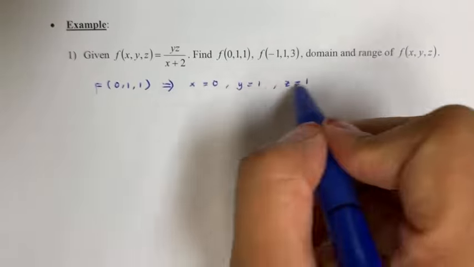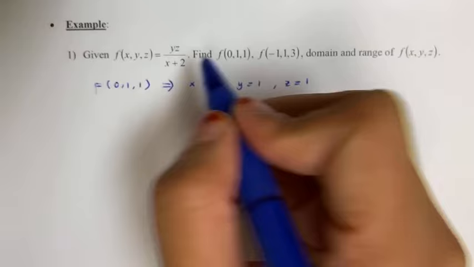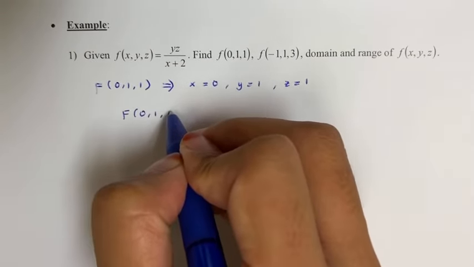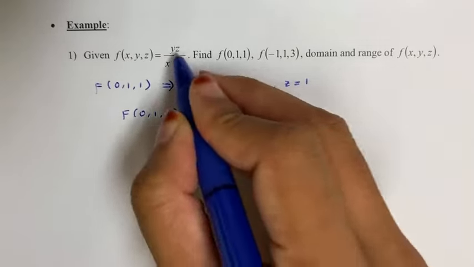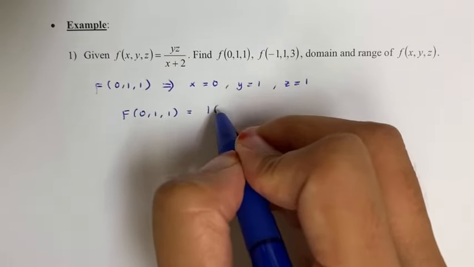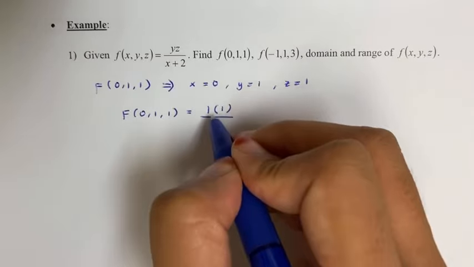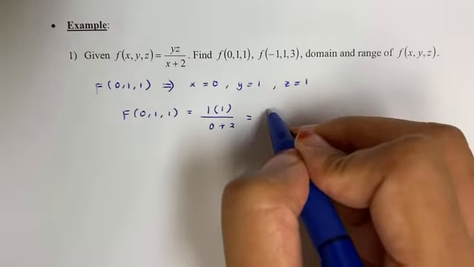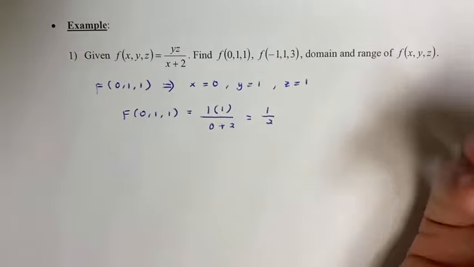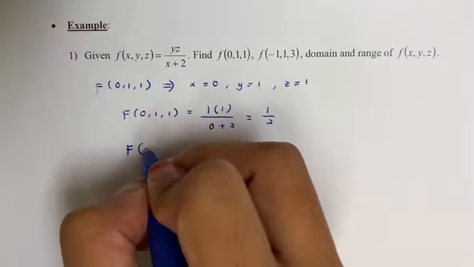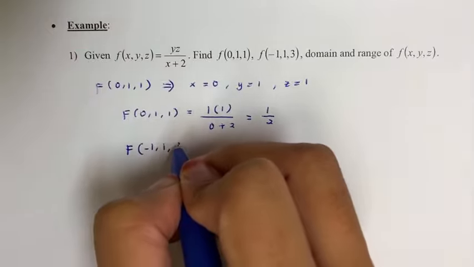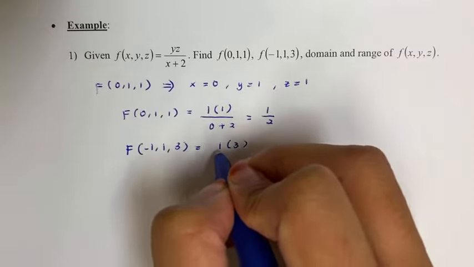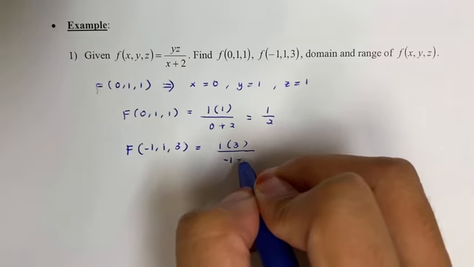You need to substitute these three values into f(x,y,z). So f(0,1,1) will be y is 1, z is 1, divided by x, which is 0, plus 2. So this is equal to 1 over 2. Next, for f(-1,1,3), we will have 1 multiplied by 3 divided by minus 1 plus 2.